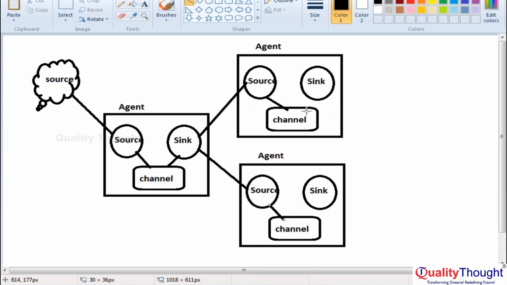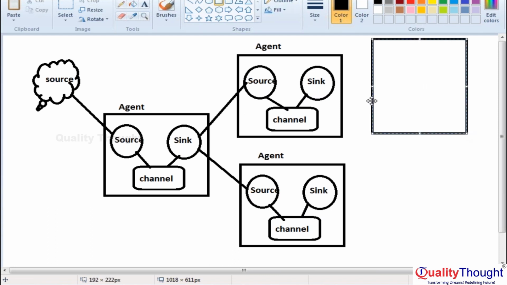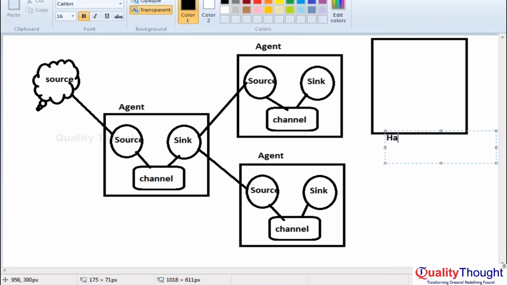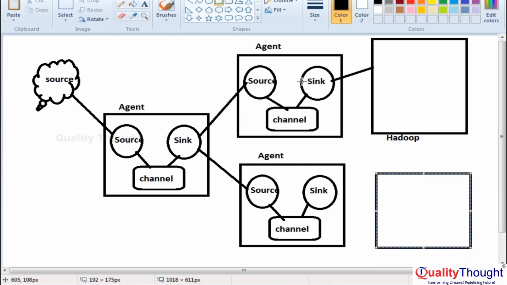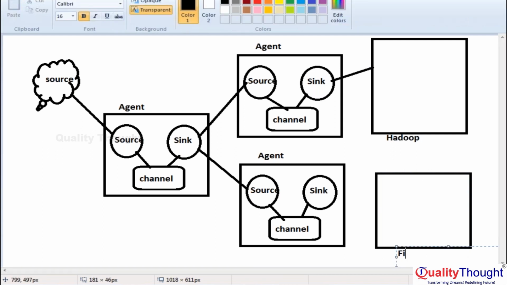So we may have this kind of architecture also. This one is writing into Hadoop. This one may be writing into some other destination, maybe a file.